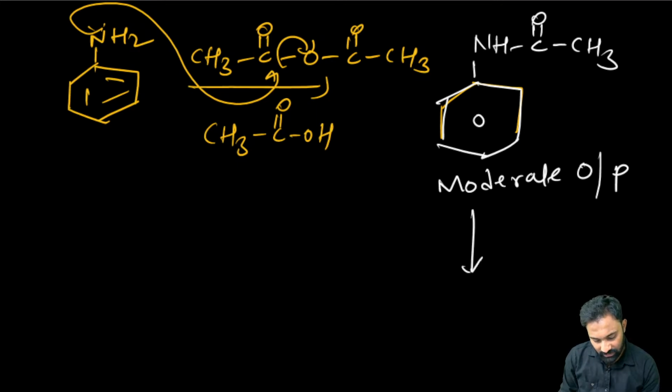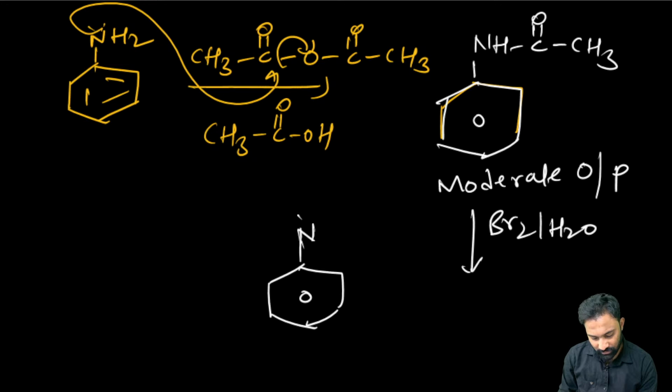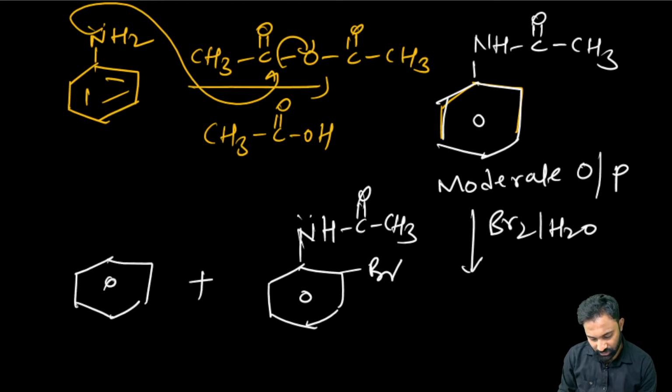After generating the moderate ortho-para-directing group, now we have to take the Br2. Then we will get one mono-substituted product at the ortho position as well as one mono-substituted product at the para position.